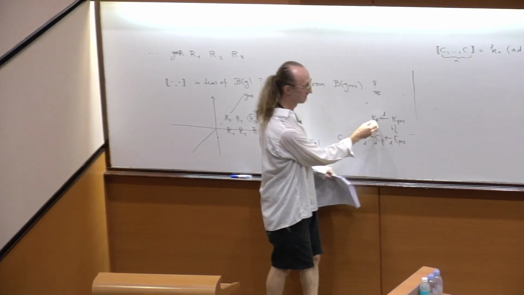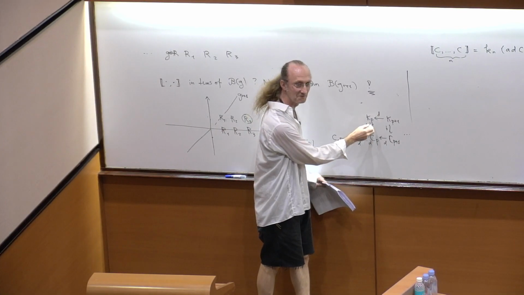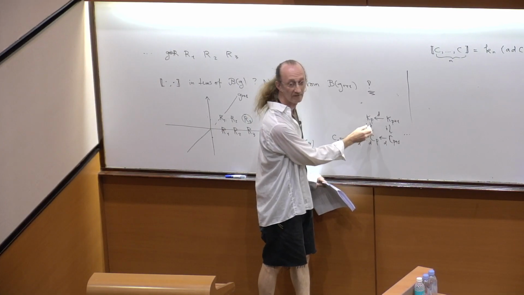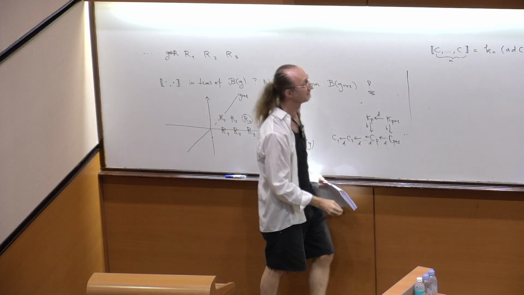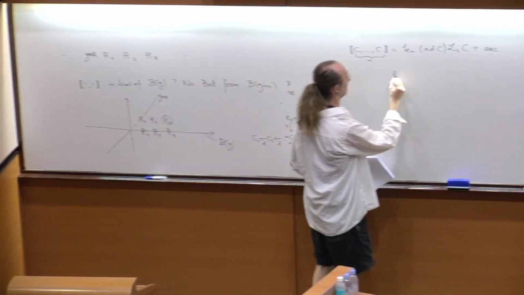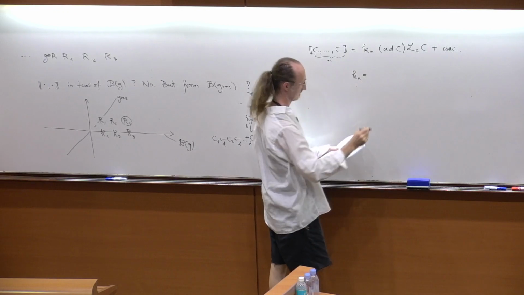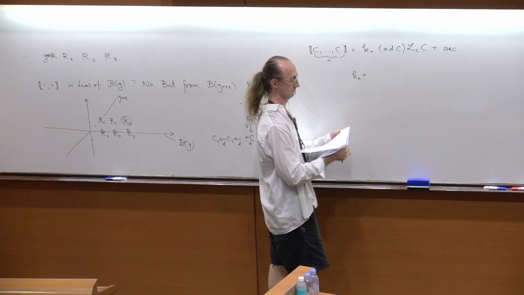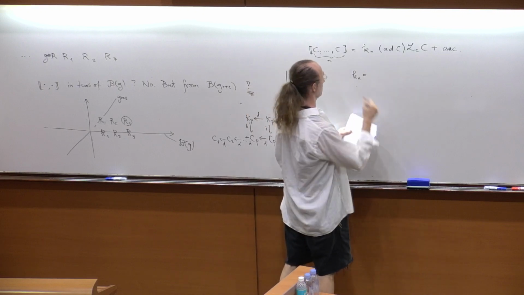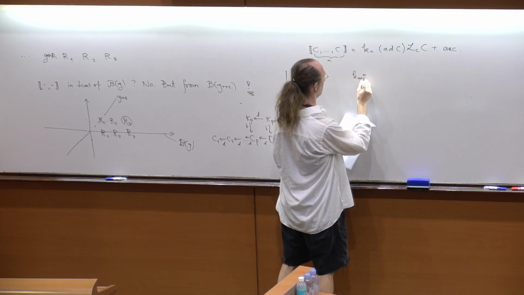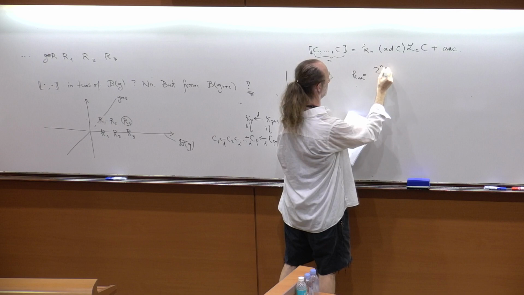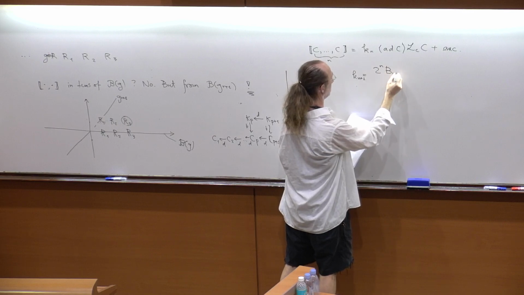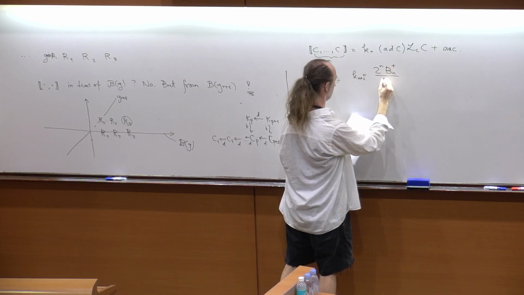And then, of course, I also need the brackets with ancillary ghosts, never more than one, so it's not that bad. And these K_n are explicit numbers. They are Bernoulli numbers.